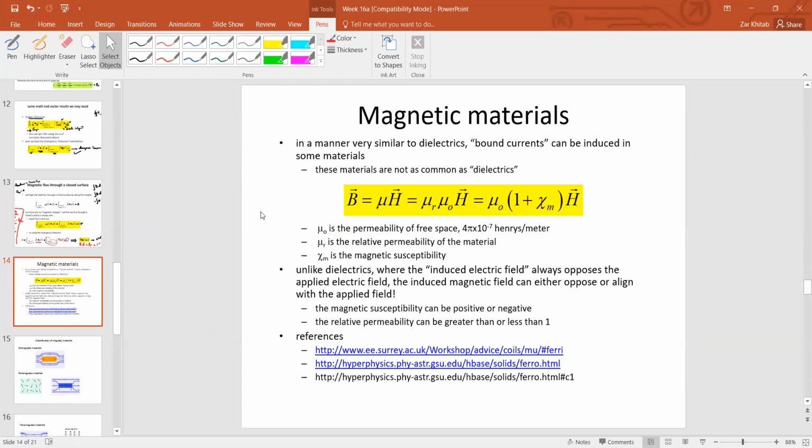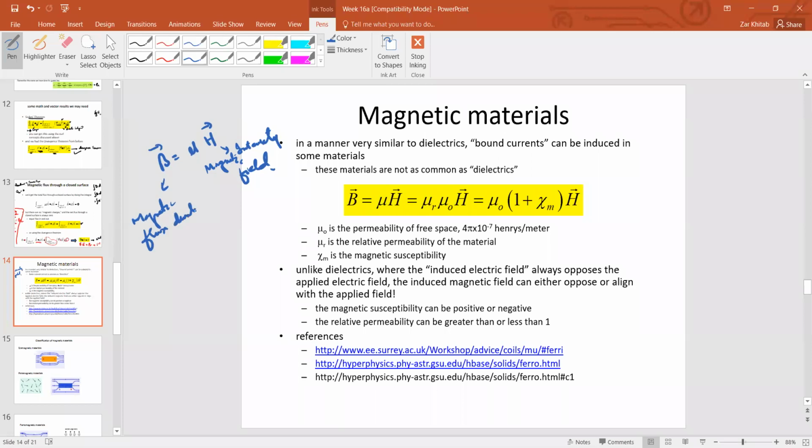Okay. Let's talk about the magnetic materials. B equals mu H, where B is magnetic flux density and H is magnetic field intensity.